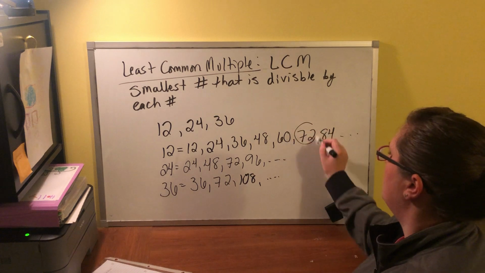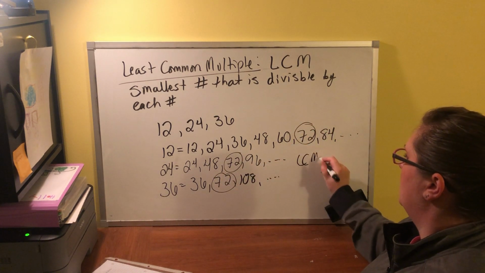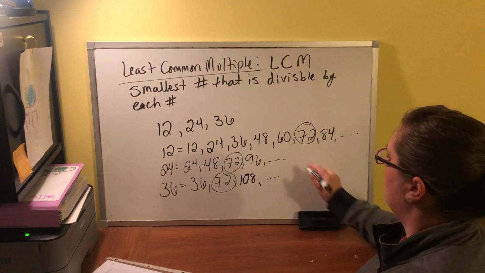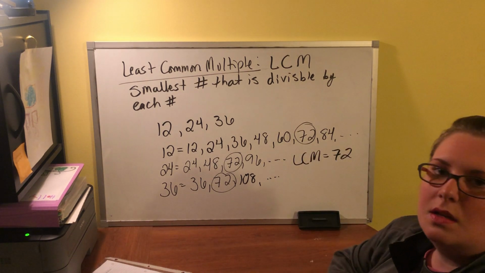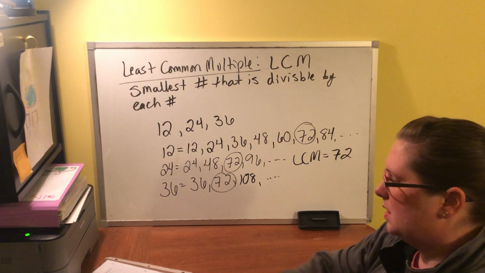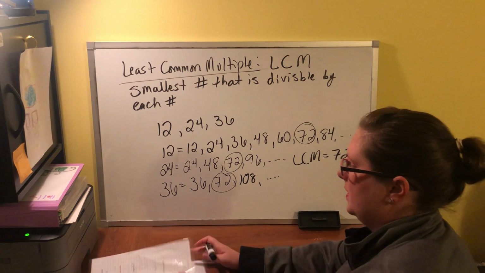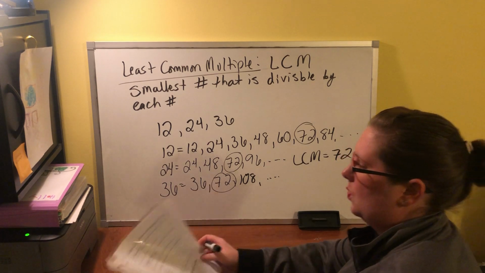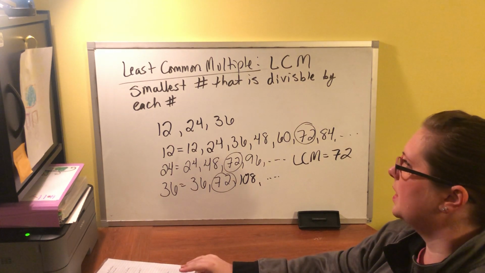So if you notice, all 3 have in common least common multiple of 72, okay? So like I said, that's something else you have to do for this section, and we're going to be doing this more in section point 2, okay, when we get into least common denominators.